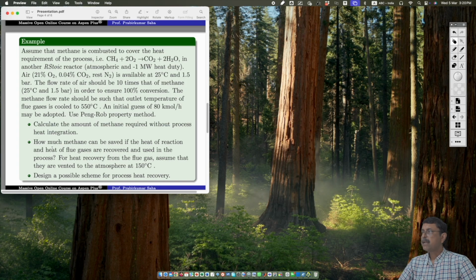Now, the second problem says: how much methane can be saved if the heat of reaction and heat of flue gas are recovered and used in the process. For heat recovery from the flue gas, assume that they are vented to the atmosphere at 150 degrees centigrade. So let us do one thing. We will fix it at 150 degrees centigrade without heat integration, and after heat integration, let us see how much energy savings we are achieving.